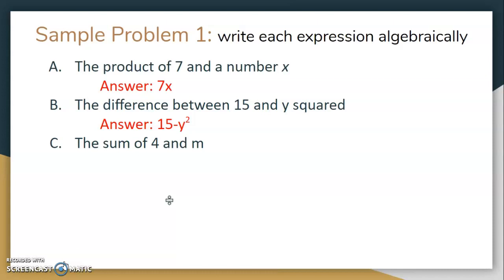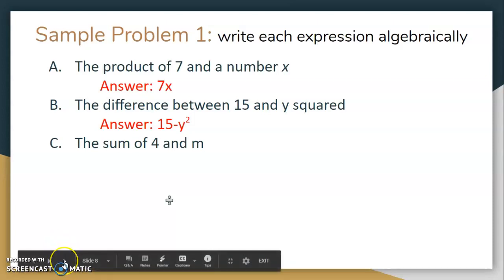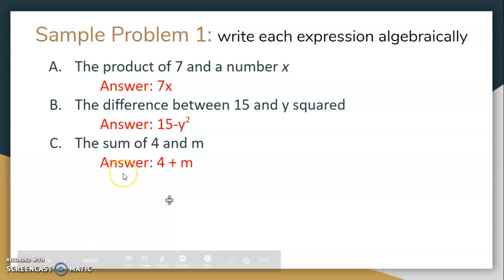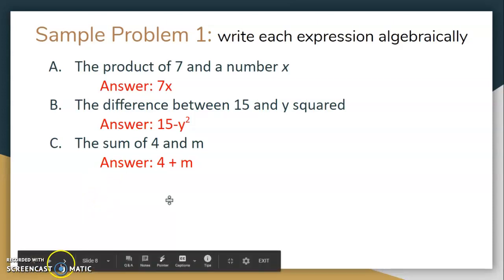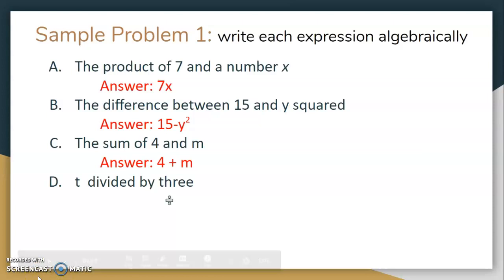The sum of 4 and m. So sum means add, so 4 plus m means the sum of 4 and m. T divided by 3.